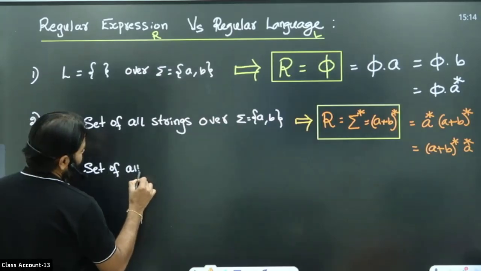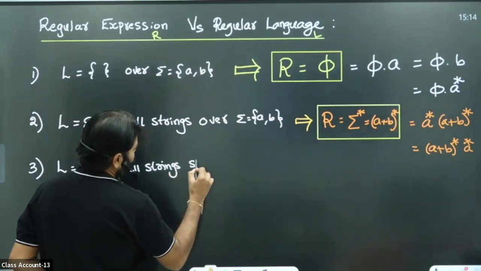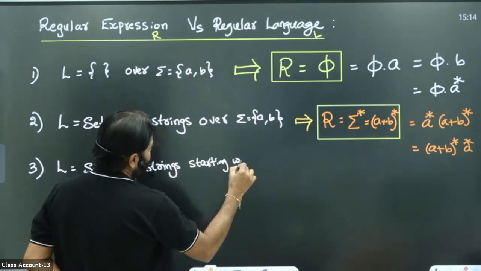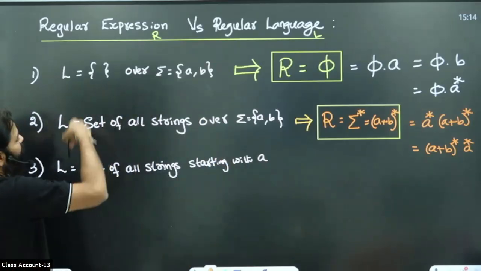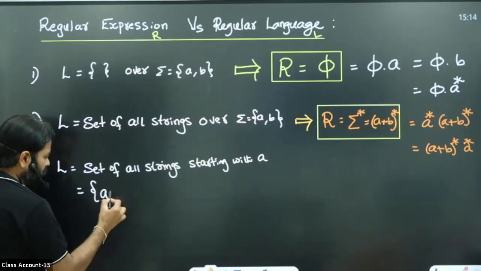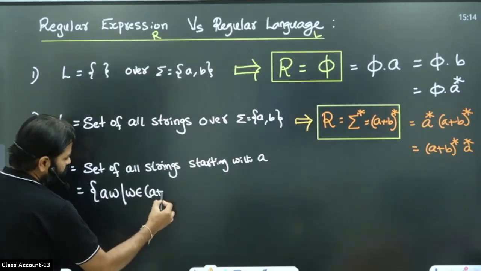Set of all strings starting with A. Assume sigma is A comma B for all this. You can also write something like this: AW such that W belongs to A plus B whole star.